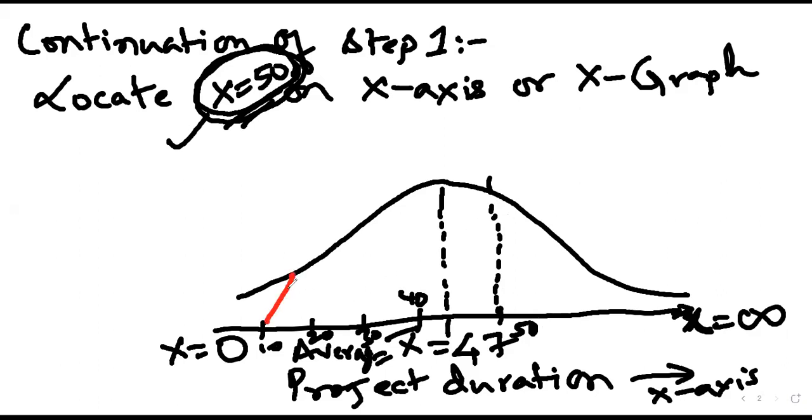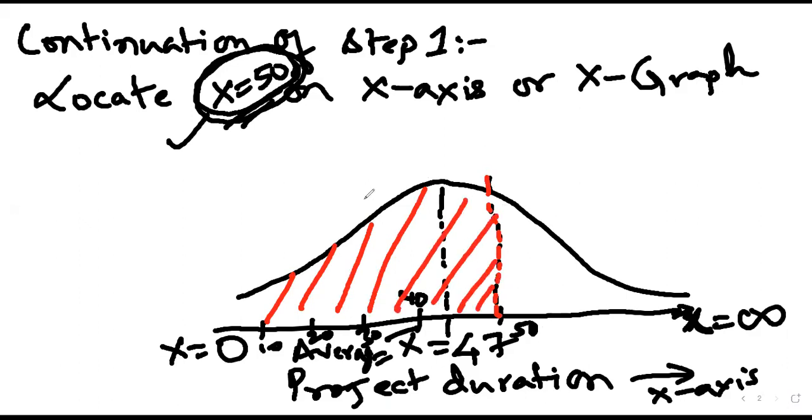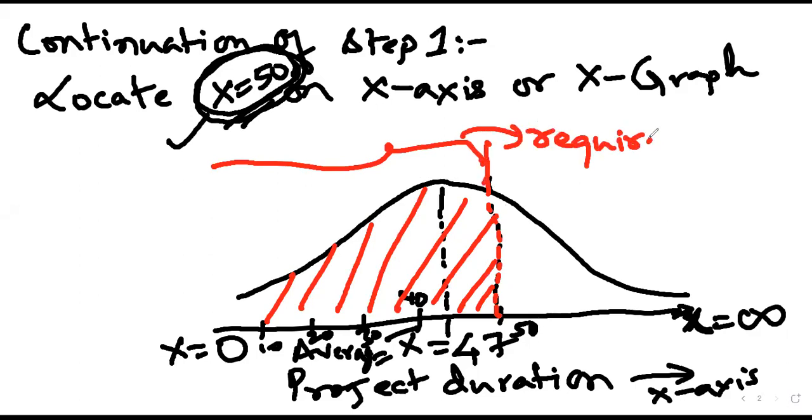Right hand side. The required area, should it be the left hand side of 50 or the right hand side of the 50? Left hand side. And the required area should be the left hand side of this.